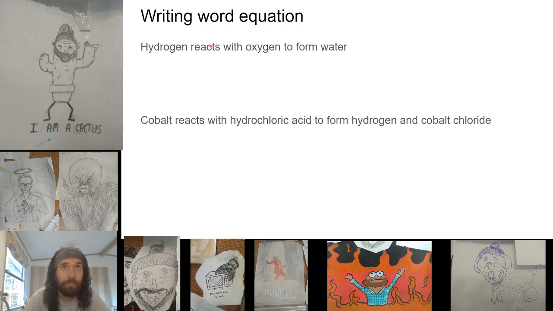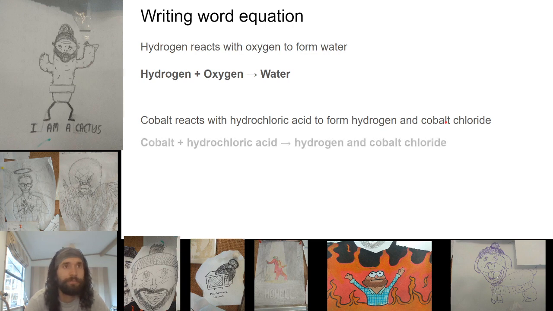So it's going to be hydrogen plus oxygen forms water. We draw an arrow to show form. So hydrogen plus oxygen, arrow, water. Kind of easy. Here's another example. Cobalt reacts with hydrochloric acid to form hydrogen and cobalt chloride. Cobalt plus hydrochloric acid, you're going to draw an arrow, hydrogen and cobalt chloride.